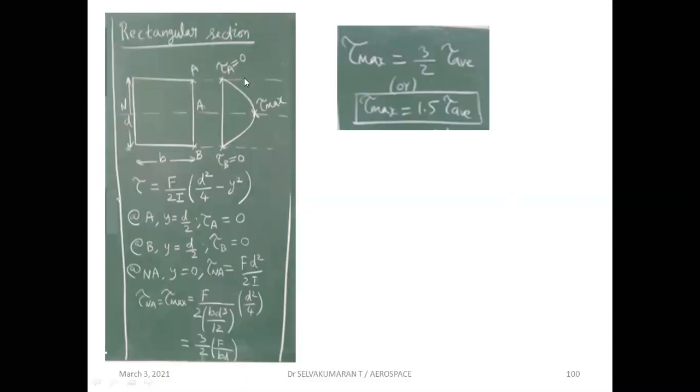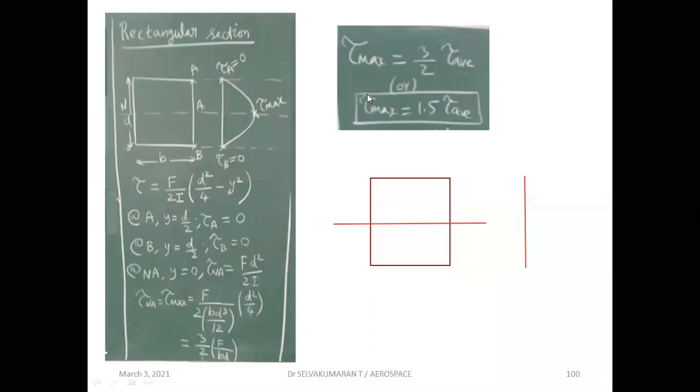We have seen for the same rectangular section the bending stress distribution also. This is my rectangle section, and this is my neutral axis. Now we are trying to draw the bending stress.